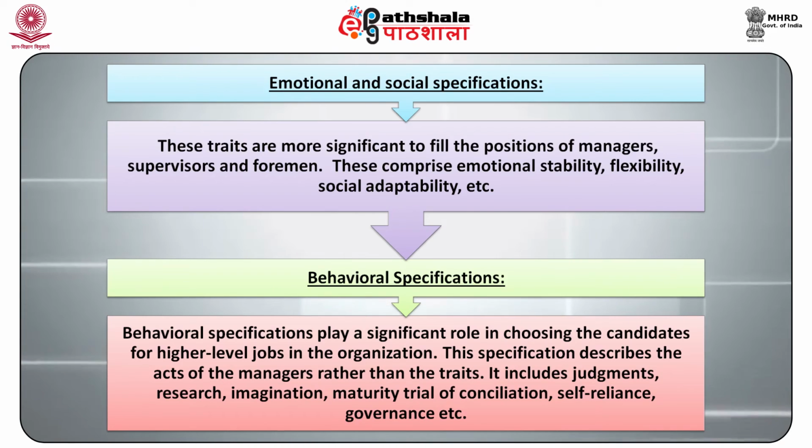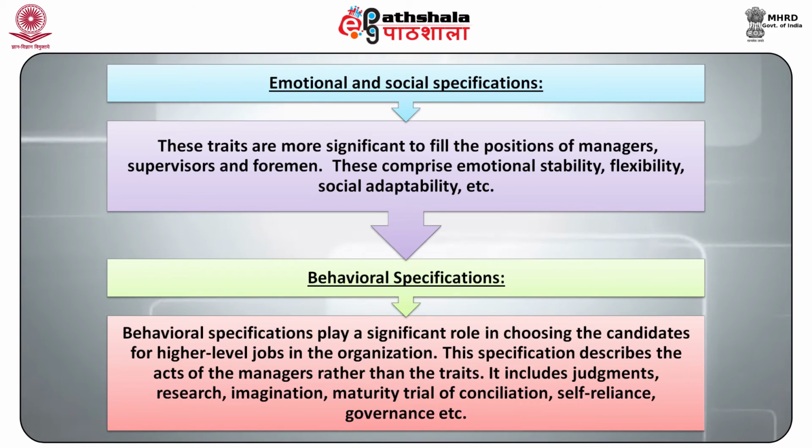The third is emotional and social specifications. These traits are more significant to fill the positions of managers, supervisors and foremen. These comprise emotional stability, flexibility, social adaptability, etc. The next content is behavioral specification.